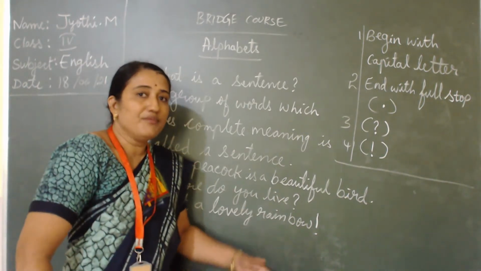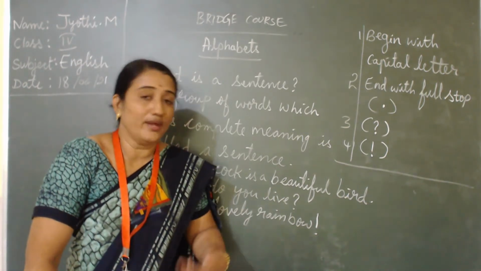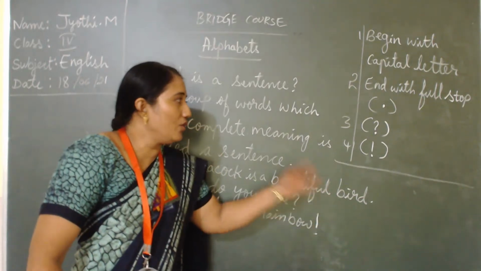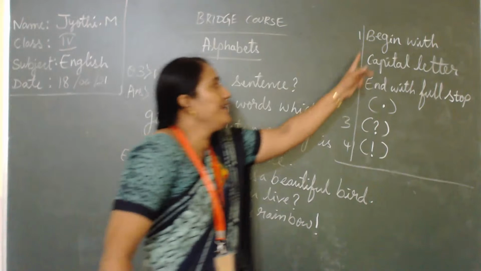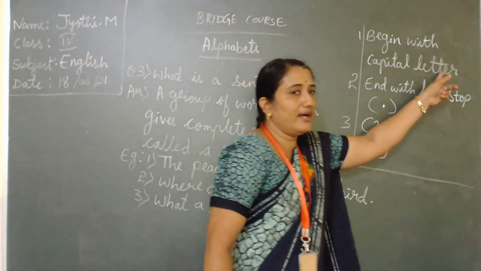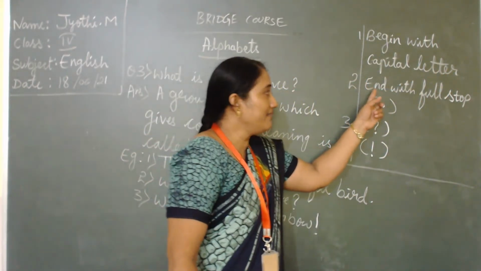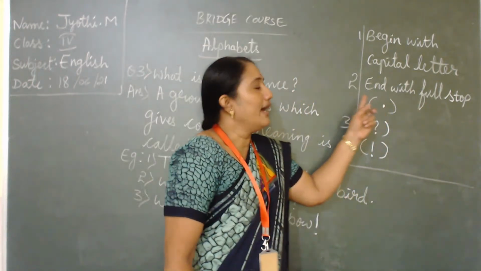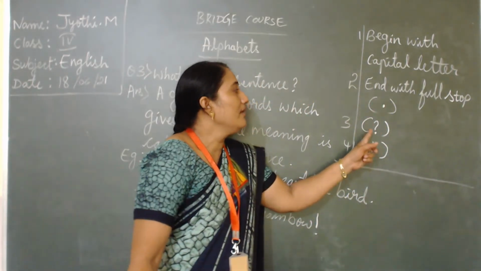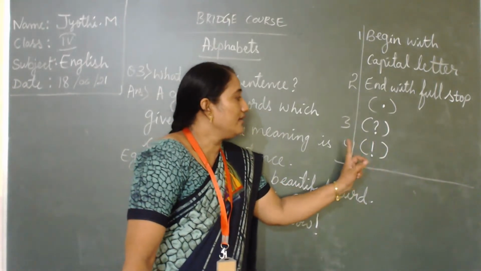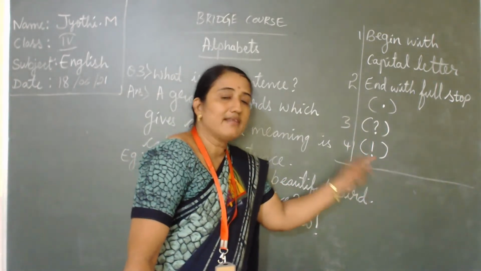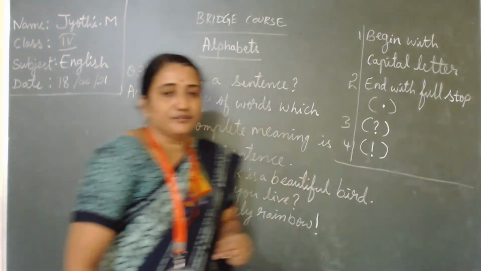When you see the thing, you express your feelings there. So, every sentence begins with a capital letter. Sometimes the sentence ends with a full stop, sometimes with a question mark, and sometimes with an exclamation mark, children.